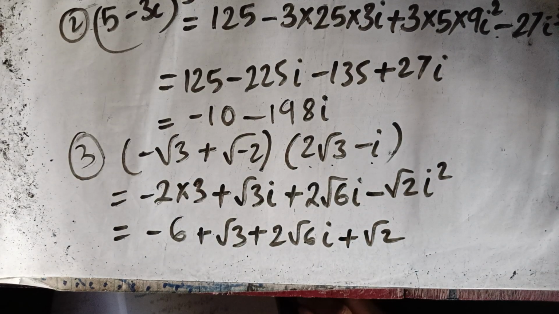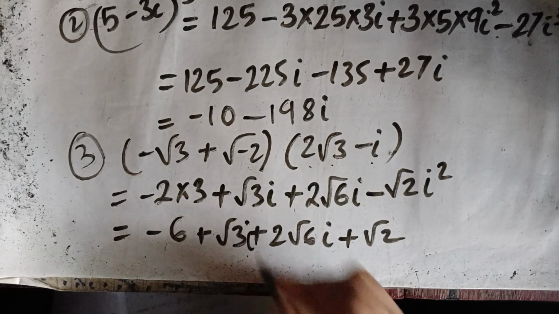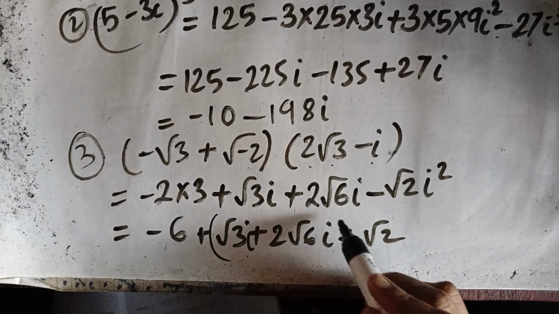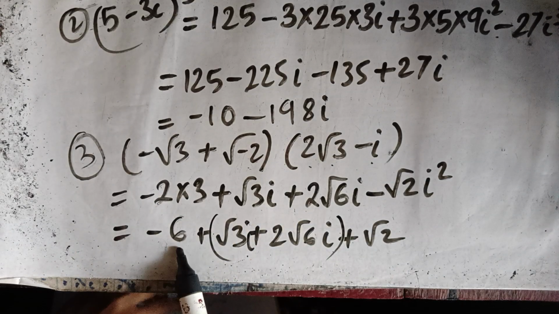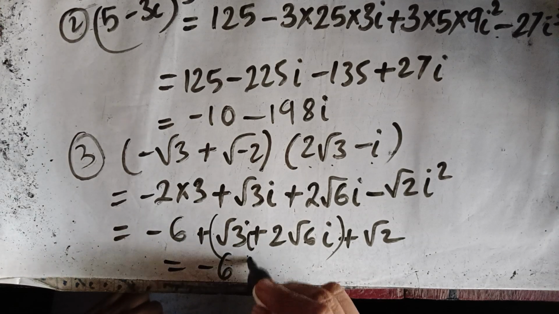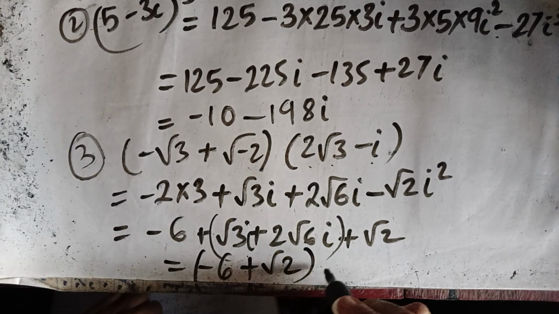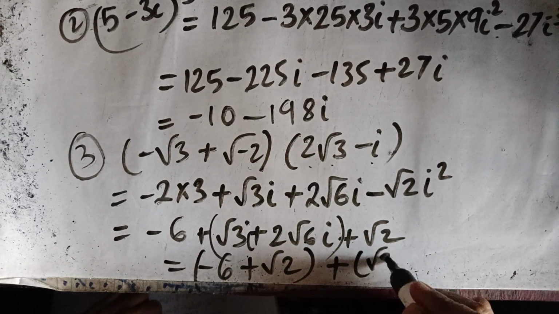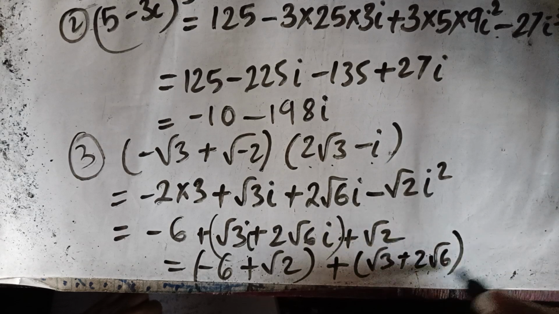So i is with this and your real part is this minus 6 plus root 2. And this is root 3 plus 2 root 6 i.